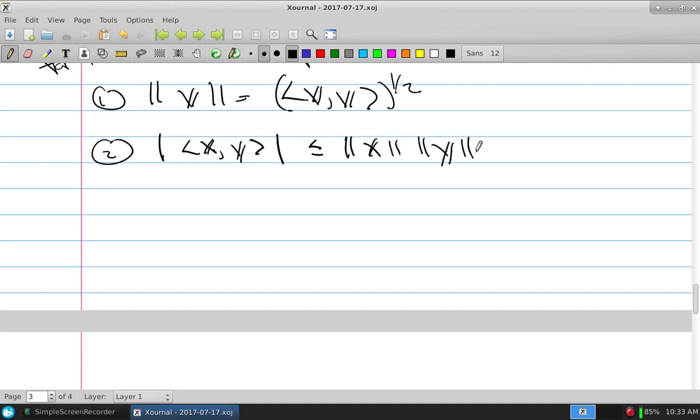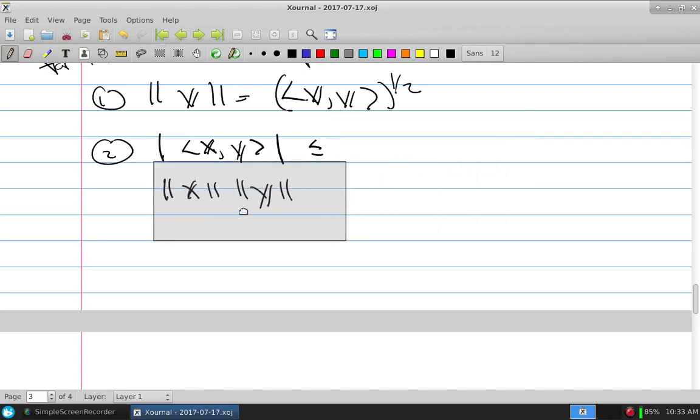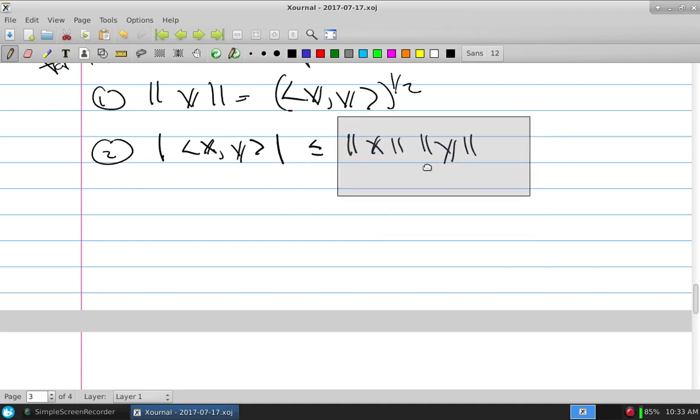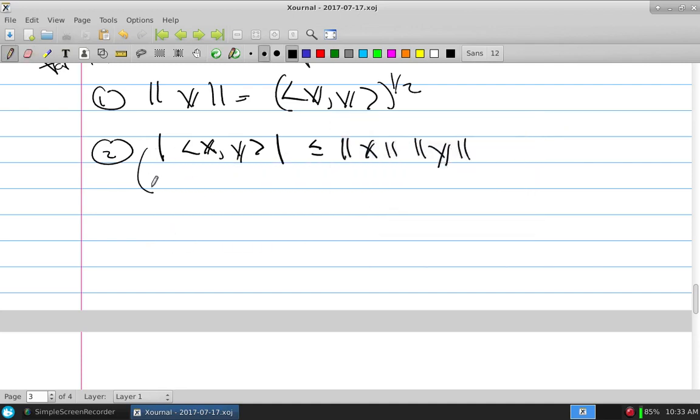This is the Cauchy-Schwarz inequality. But that means that these two magnitudes can be brought to the left-hand side. That's less than or equal to 1, which immediately says that a different variant is, hey, the cosine of the angle is just going to be the inner product divided by the length of x, length of y.